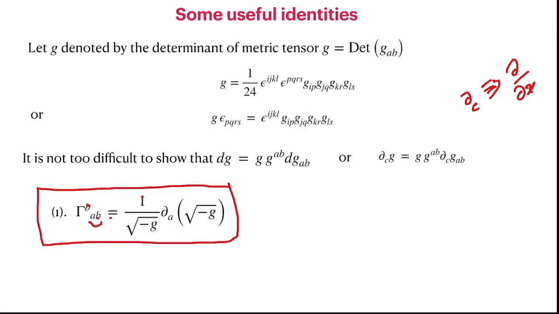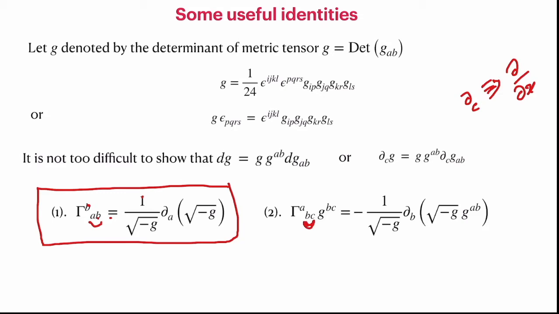It is easy to show this. Similarly, we can again multiply by g^bc to this such that this would have the contraction between two of the lower indices.